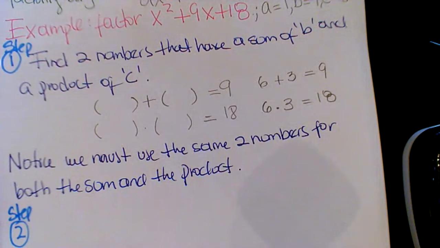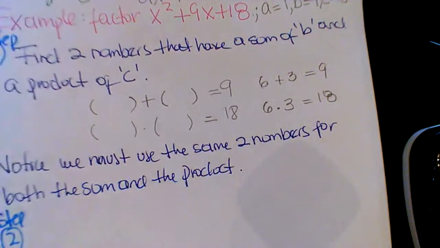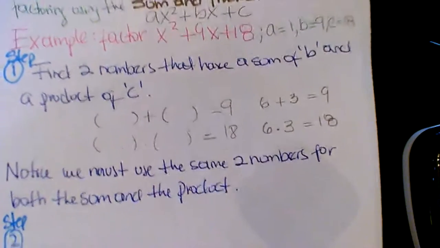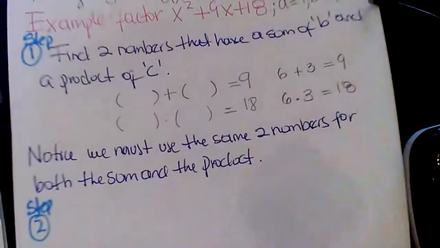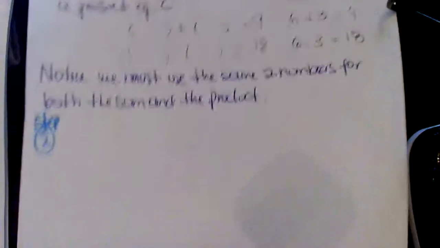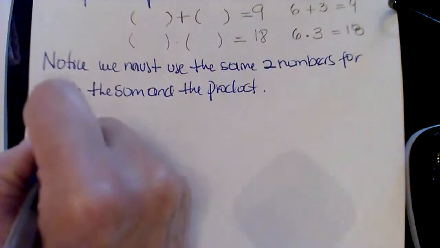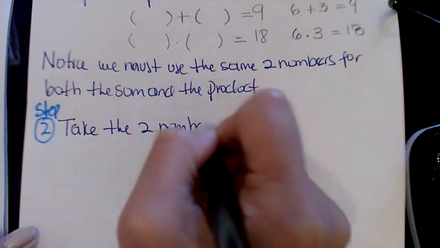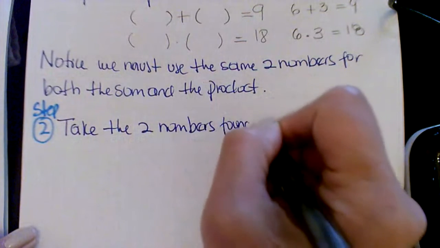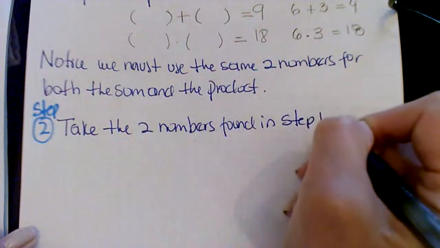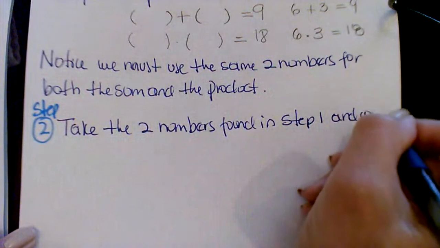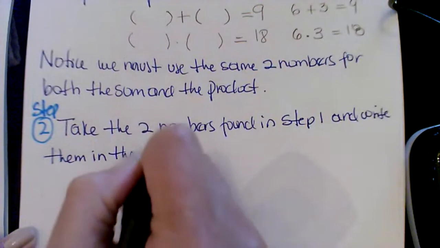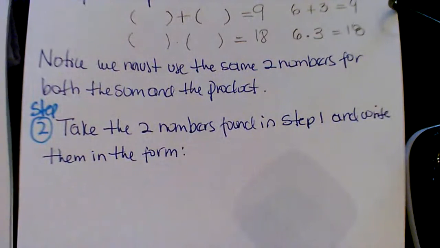We're going to take the two numbers found in step 1 and write them in the form this way.